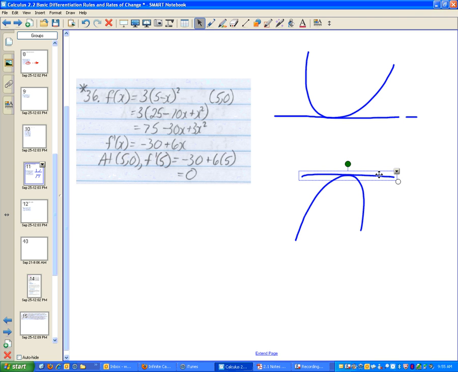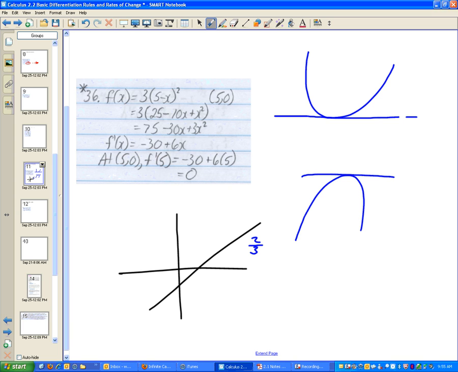Think of it this way. Let definitions handle it for you. The slope of the graph is defined to be the slope of the tangent line at a given point. So if we say the slope of the tangent line is 0, or we say the slope of the graph is 0, they mean the same thing. So if we graph a linear function with a slope of, let's make it up, 2/3, since we've defined the slope of the graph to equal the slope of the tangent line, we can now say the slope of the tangent line is also 2/3.